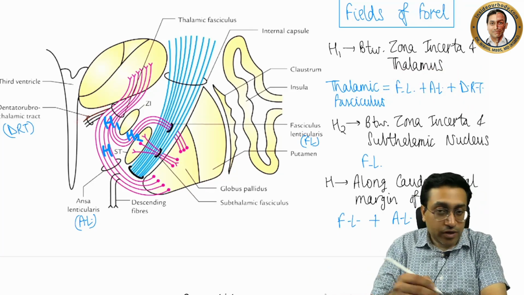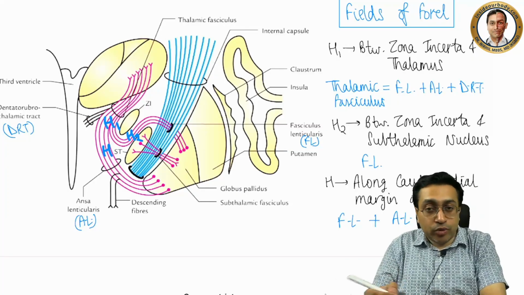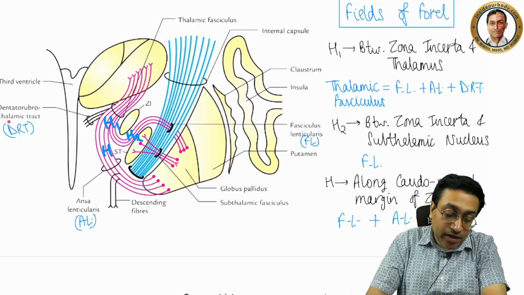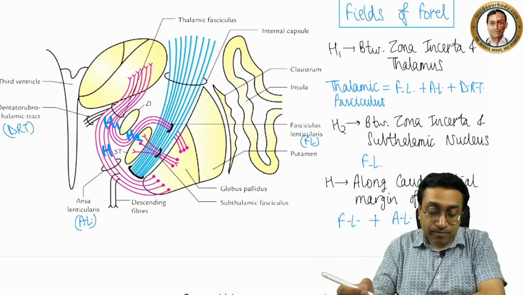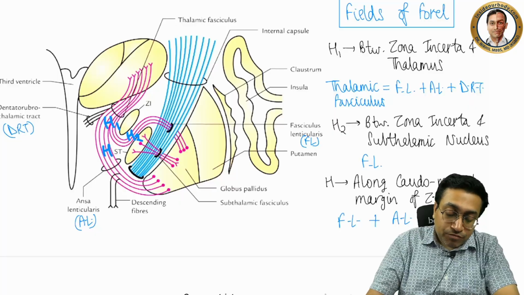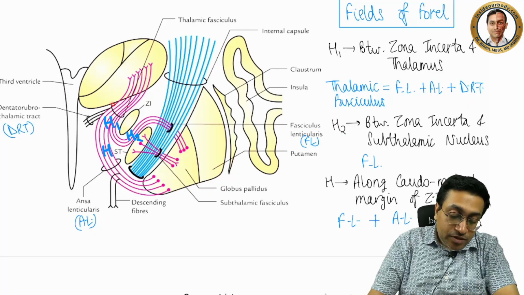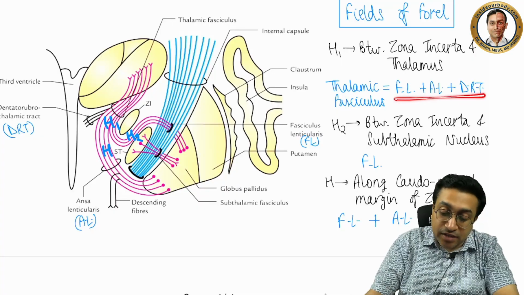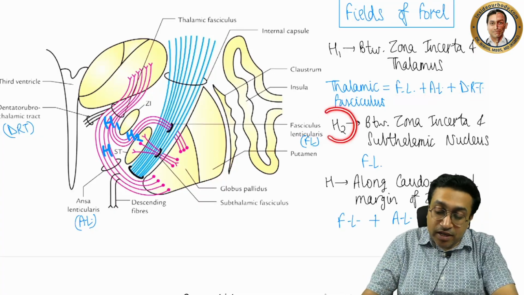Dentate nucleus we will discuss in a while. Rubro is red nucleus. Thalamic again related to the thalamus. So the fibers which you can see in the H1 zone comprise these three things. Similarly, the H2 zone is between zona incerta and subthalamic nucleus.